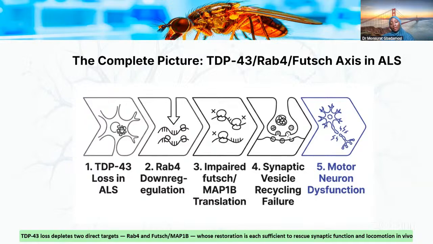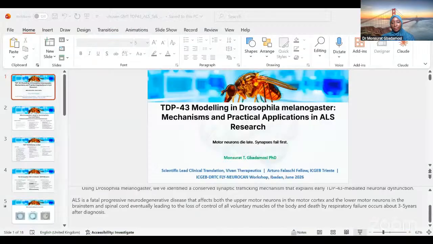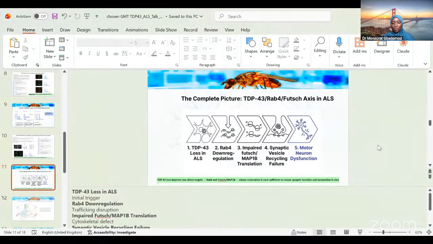Then this affects endocytosis and exocytosis, which affects synaptic transmission, and the mutant has to do more work. Eventually, the motor neuron gets tired and dies. This is what we hypothesize happens to the motor neuron before it dies.